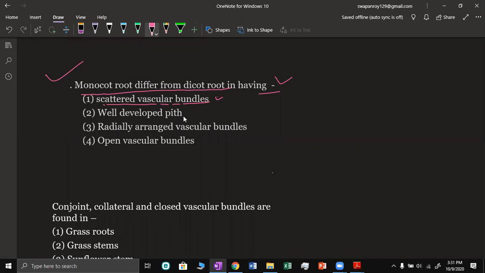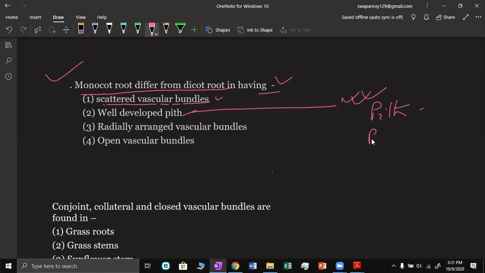Well developed pith: in monocot, pith is well developed, a large, prominent pith.